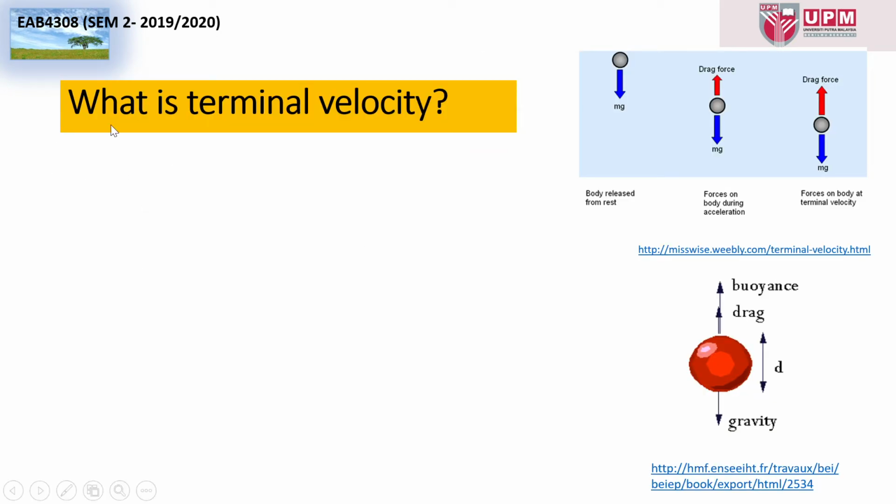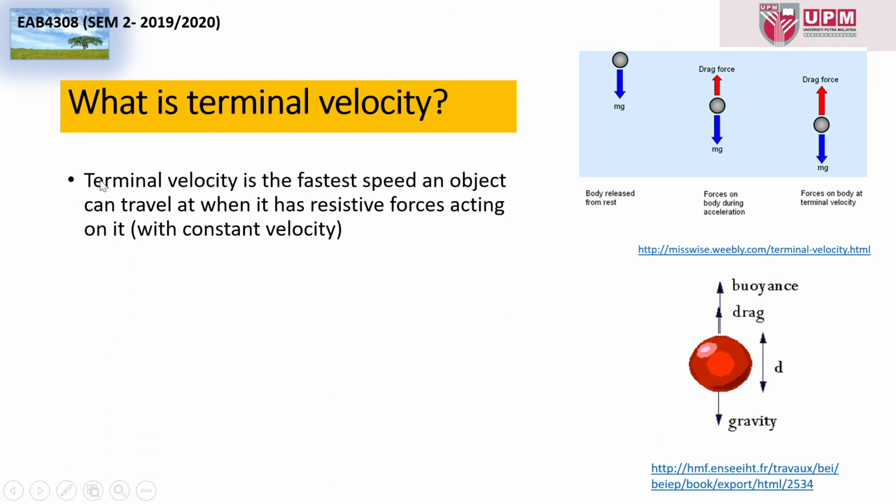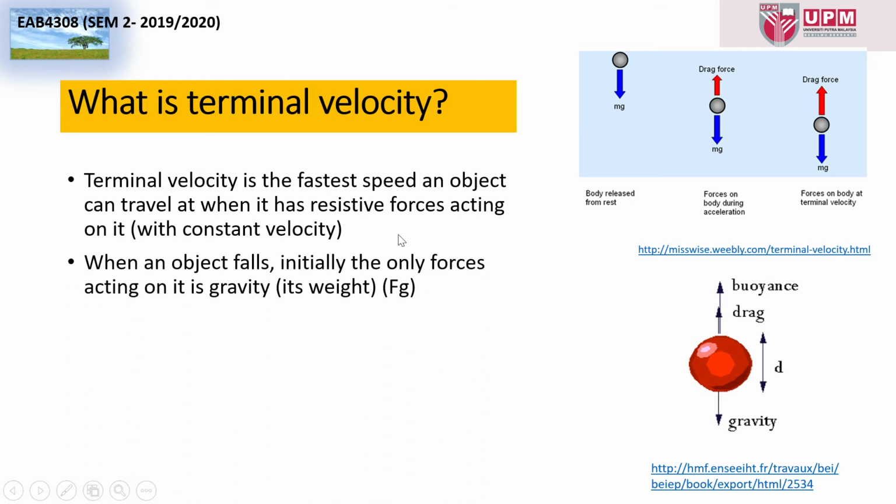Now we want to see what terminal velocity is. Terminal velocity is the fastest speed an object can travel at when it has a resistive force acting on it with constant velocity. When an object falls, initially the only force acting on it is gravity.